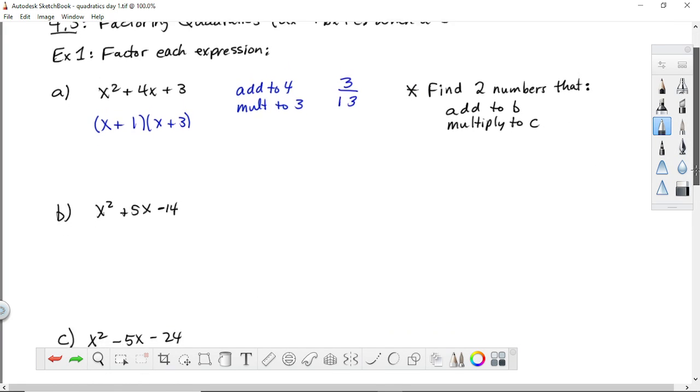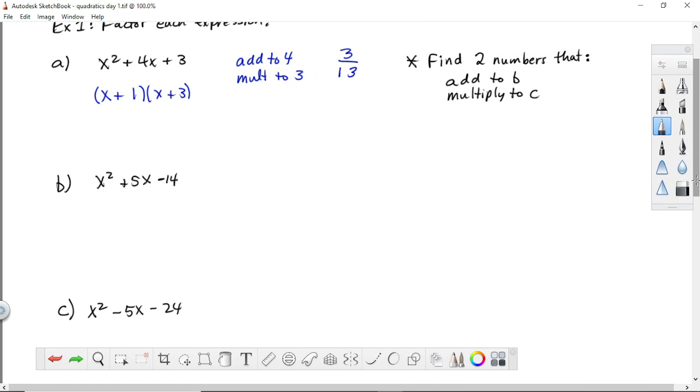We're going to use the same method. We want to find two numbers that add to b, just right here, and multiply to c. So this time, in this case, we want the numbers to add to our b here, and this one is 5, and want them to multiply to, whoops, let's erase this.